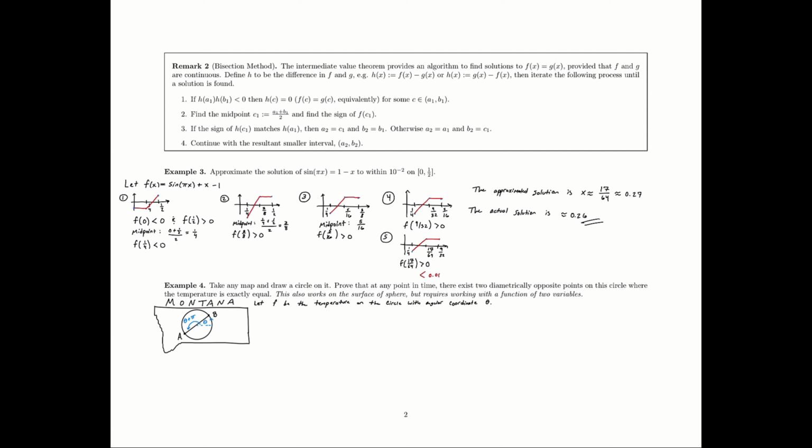In other words, f of theta reports back the temperature corresponding to the location on the circle with that angular coordinate. So for instance, f of pi over 2 would report back the temperature at the very top here.